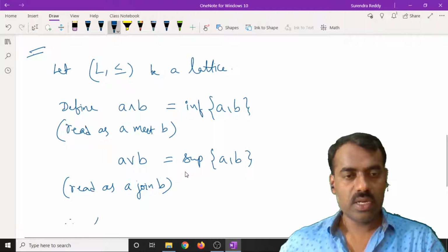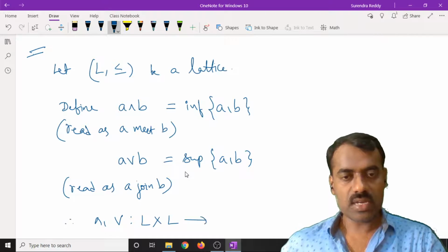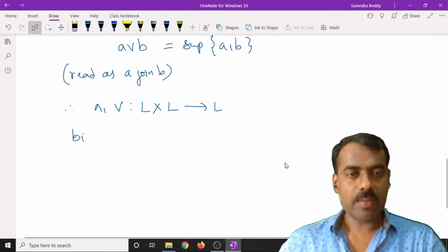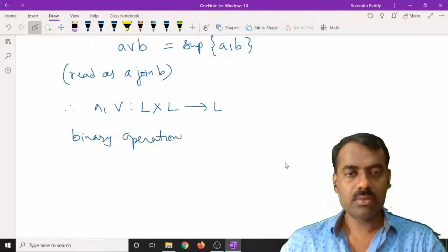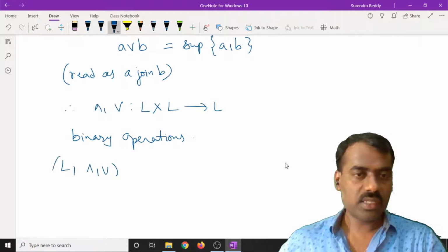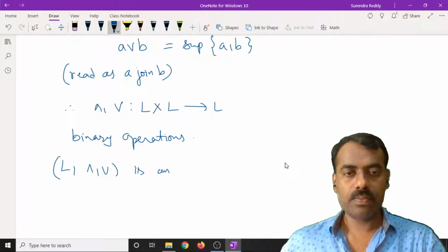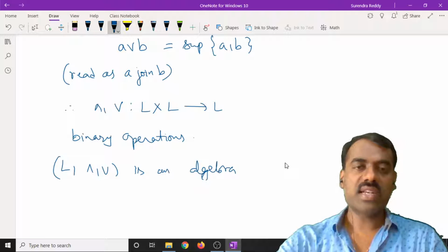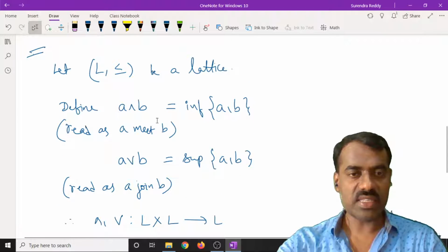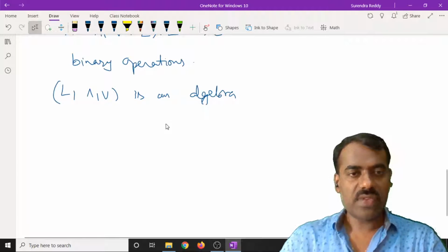Therefore, meet and join are maps from L cross L to L, and they are binary operations. Hence L together with these two operations is an algebra. Okay, fine. Now we will try to observe some properties of meet and join when defined in this way.